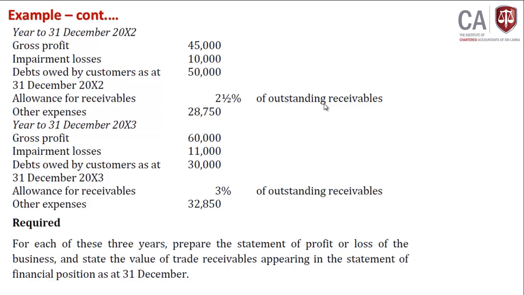The requirement is this: for each of those 3 years, prepare a statement of profit or loss of the business, and state the value of trade receivable appearing in the statement of financial position as at 31st December. For 3 years, you have to show what amount you charge to P&L and what amount you show in your balance sheet, right?